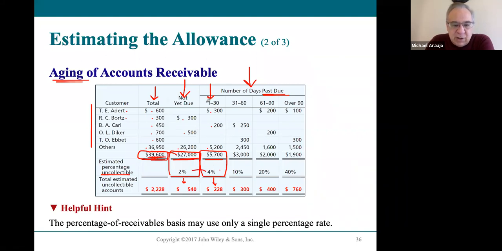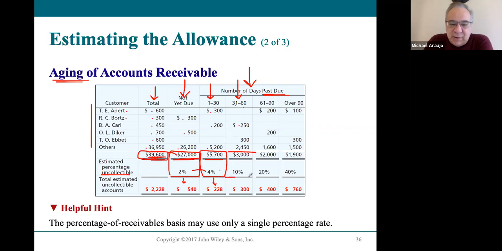Just because they're 1 to 30 days late, the chances of them not paying go up. Well, what if they're 1 to 2 months late, 31 days late to 60 days late? Well, thankfully, there's not a lot of them. Only $3,000 of the 39,000 is in the category of 1 to 2 months late.